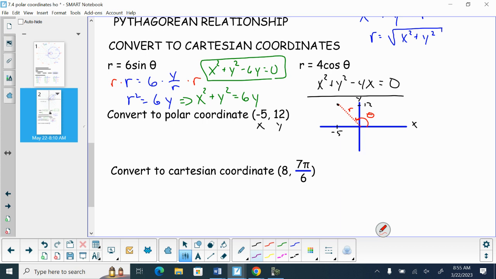Once again, converting this just straight into a triangle. We have negative 5 here, and we have 12 here.